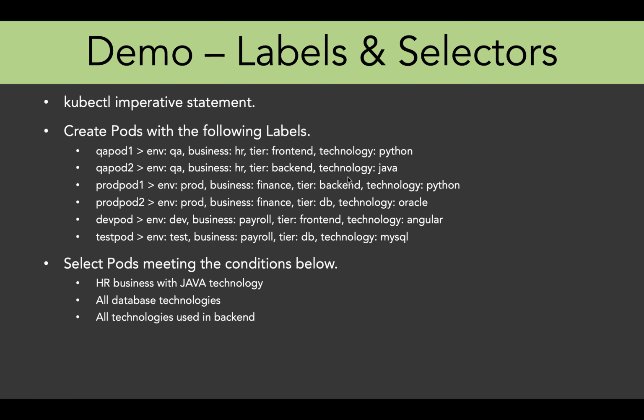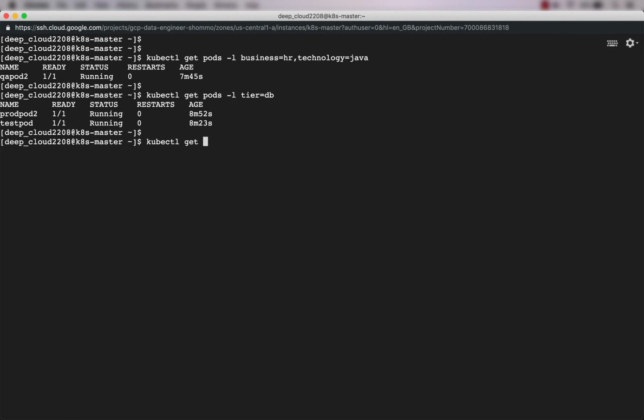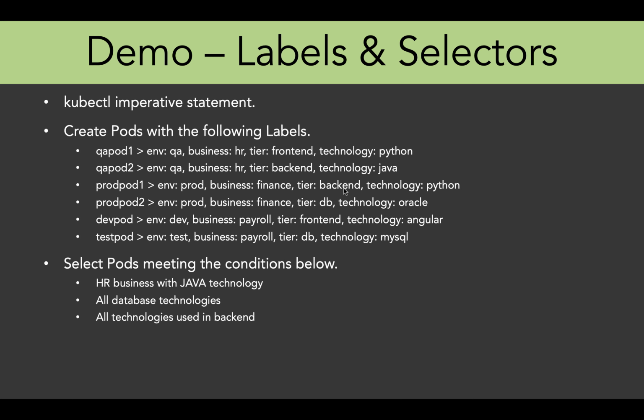In the third question, we want to find out all the pods with technologies used in the backend. So again, the same command: kubectl get pods -l tier=backend. And we are getting two pods, prod pod 1 and QA pod 2.